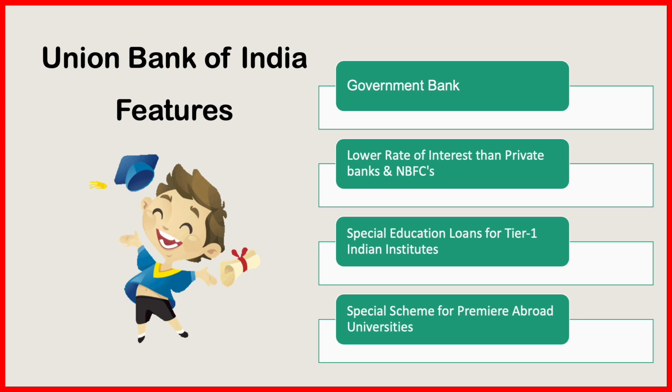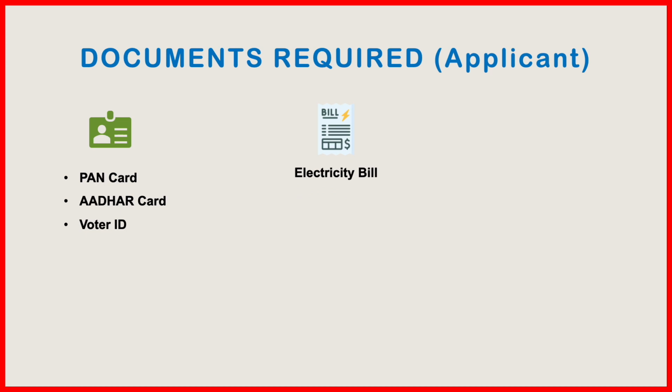So let's see what all documents are required from the student who is going for education loan. So they require KYC documents of the student such as PAN card, Aadhaar card and voter ID. They will require an electricity bill of the permanent residence. They will also require bank statement of last 12 months.